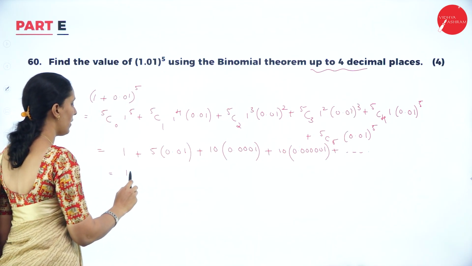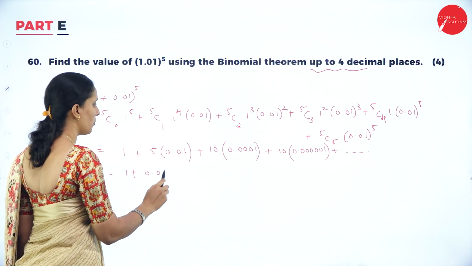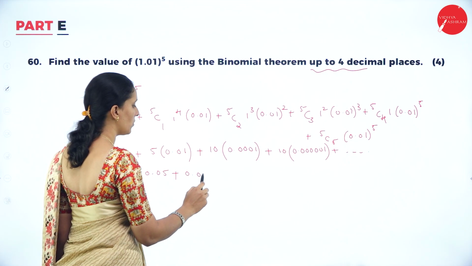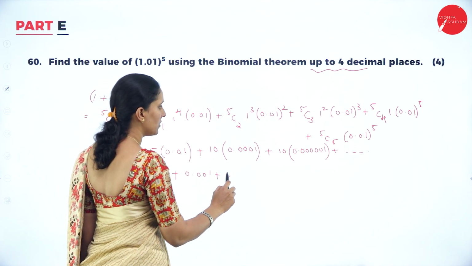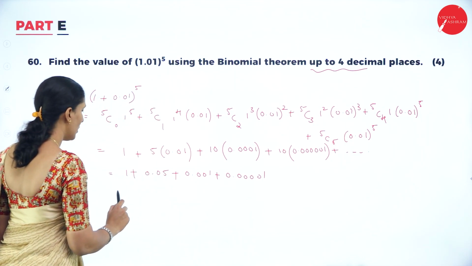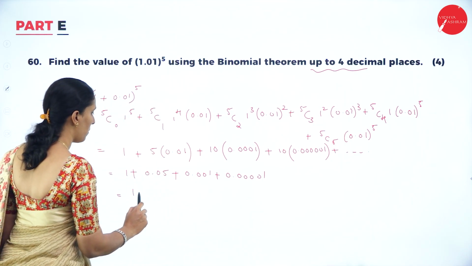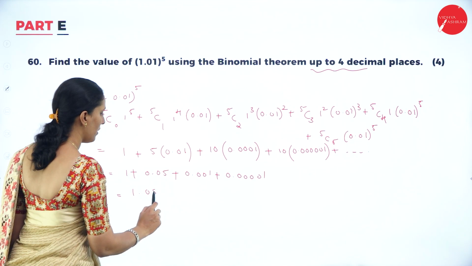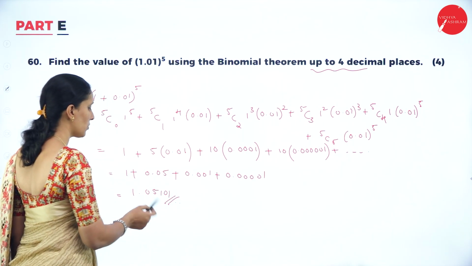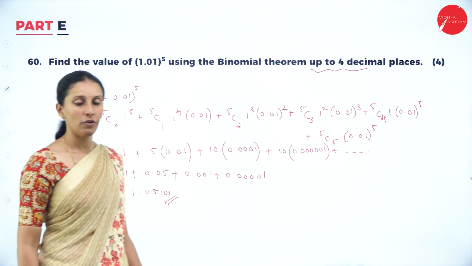So here 1 plus 0.05 we will get, plus 10 times 0.0001 is 0.001, plus 0.00001. Adding all this, we will get 1.0510, so we can approximate it as 1.0510.